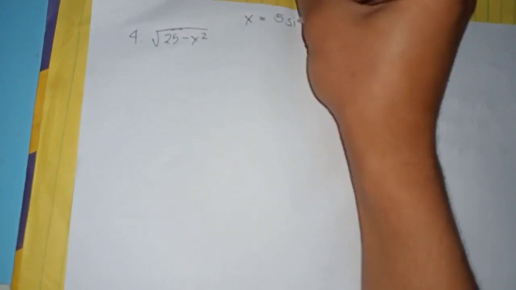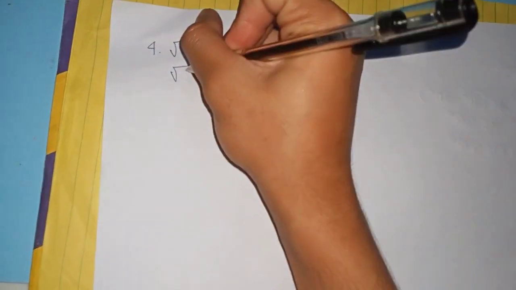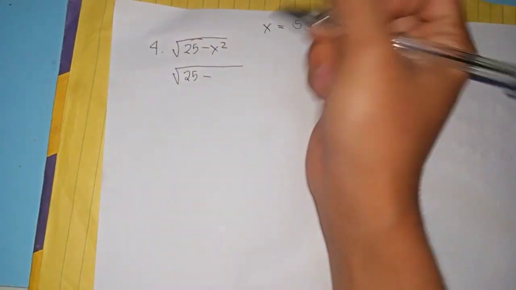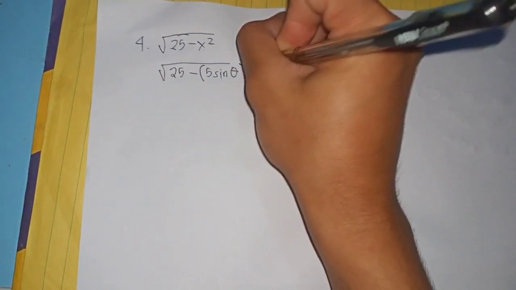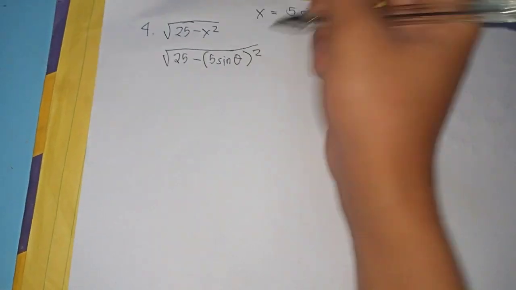So the given is the square root of 25 minus x squared, where x is equal to 5 sine theta. First, we're going to substitute the x. So 25 minus 5 sine theta, squared, all under the square root.